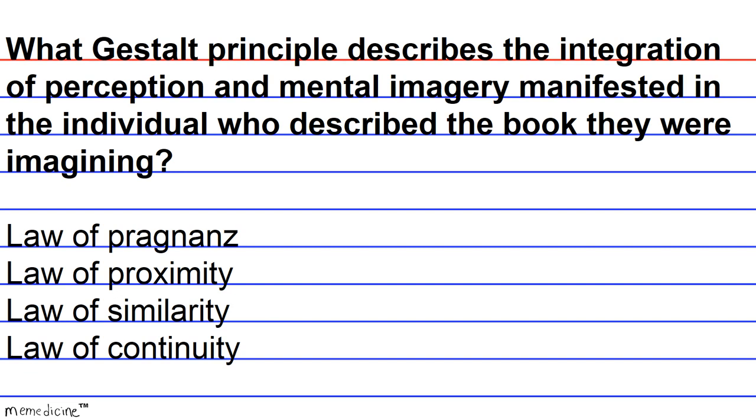Okay, so let's break this down. The law of similarity claims that elements that are similar tend to be grouped together by your visual faculty. The law of continuity describes the ability to group units into lines following the smoothest path. So we would group like this instead of something like this, which has more jagged edges.